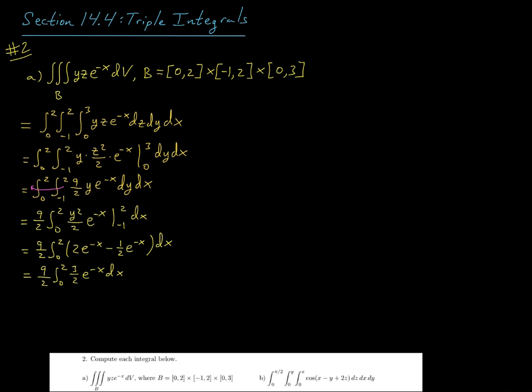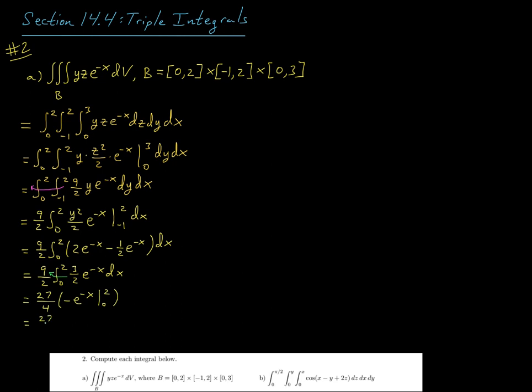Now go ahead and pull the 3 halves out front, so it'll multiply the 9 over 2. And so we're going to get 27 fourths out there. Then we integrate e to the negative x with respect to x. That gives us a minus e to the minus x, evaluated from 0 to 2.